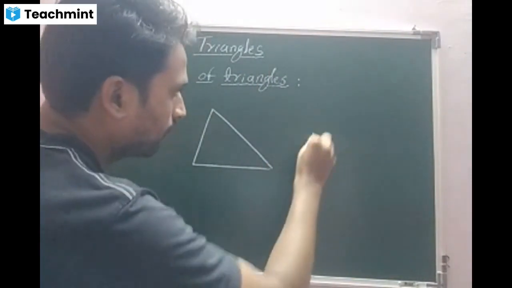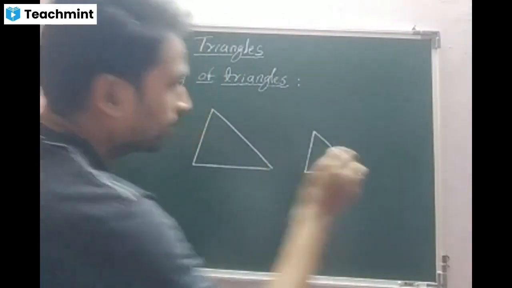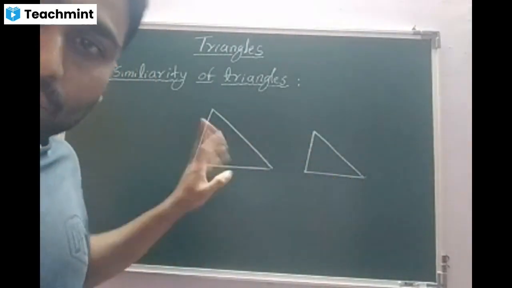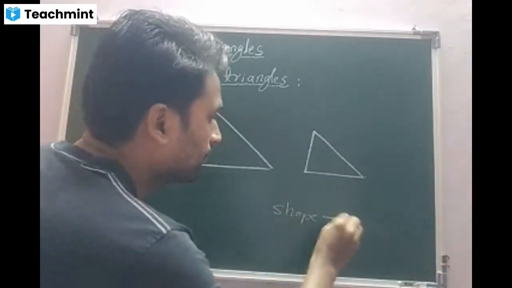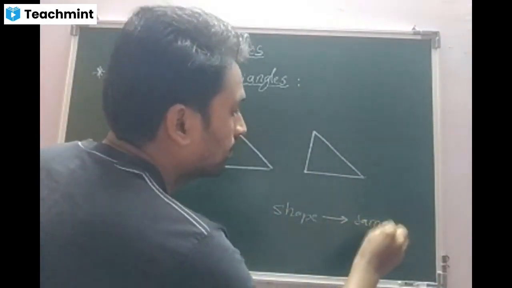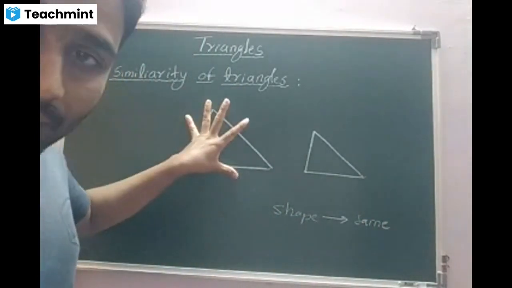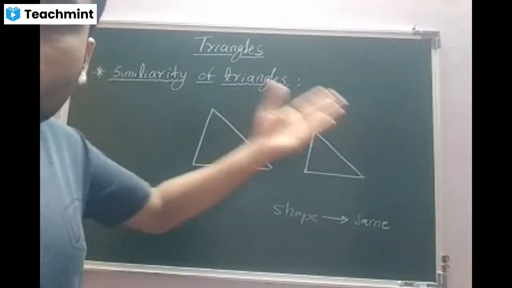Let me draw a rough diagram. The condition is the shape of both the triangles should be same. Shape should be same. The sizes should be different. If one is bigger, the other one will be smaller. If one is smaller, the other one will be bigger.